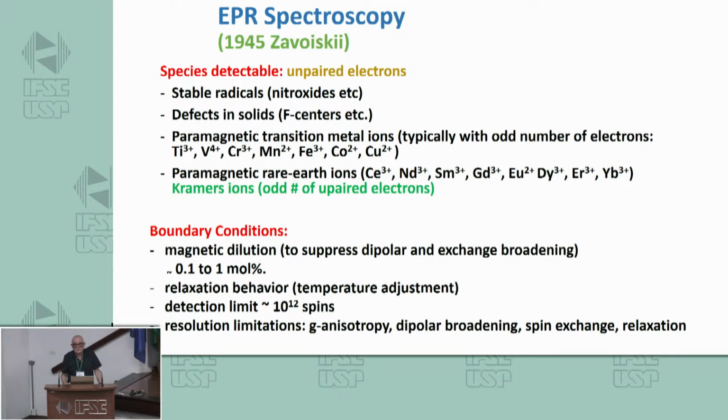stable organic radicals, so-called nitroxides, then defects in solids, which are being formed, for instance, by exposure to radioactive materials, to ionizing radiation. Then a big group of paramagnetic transition metal ions in certain oxidation states.